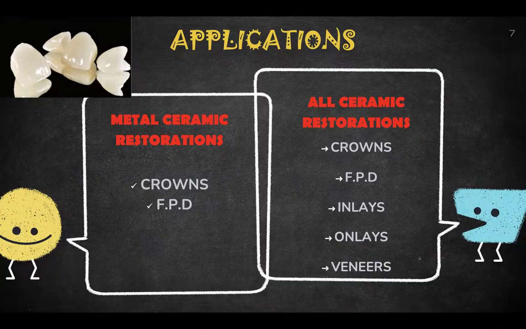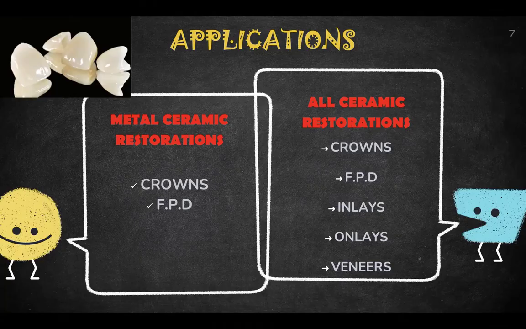While in all ceramic, the core is also ceramic and the coating is also ceramic, or sometimes the whole thing is made of one solid ceramic block, which is called a milled CAD/CAM crown. So basically, we have two types, and all these are used for making crowns, bridges, inlays, onlays, and veneers. So the application is the same, but it comes in two forms. One is the metal reinforced one, the other one is the all ceramic one.